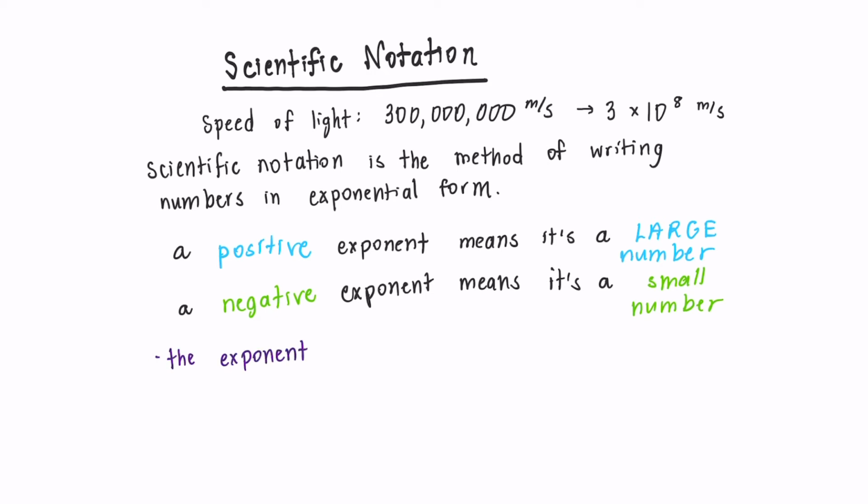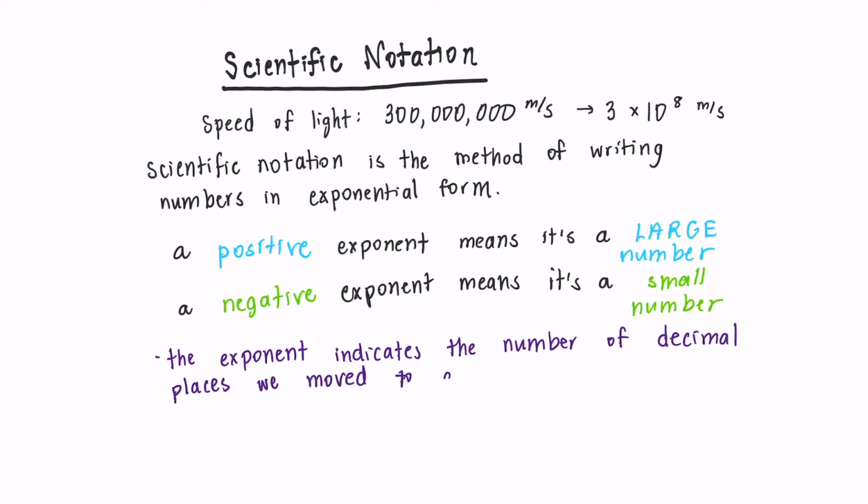This exponent indicates the number of decimal places that we moved to arrive at the standard notation.